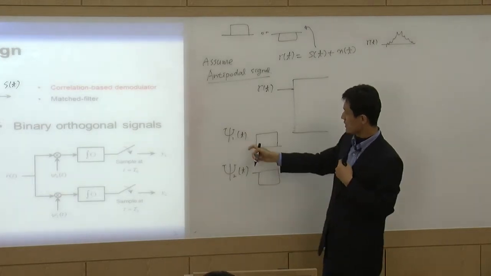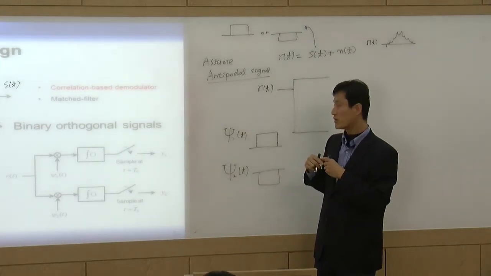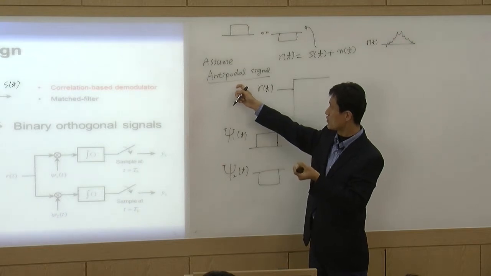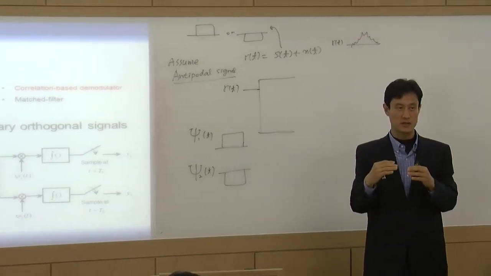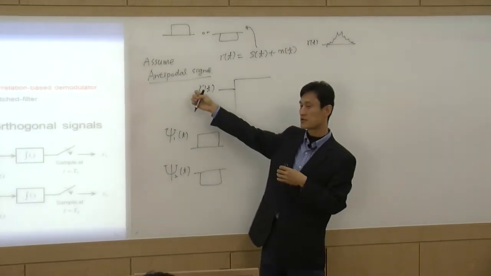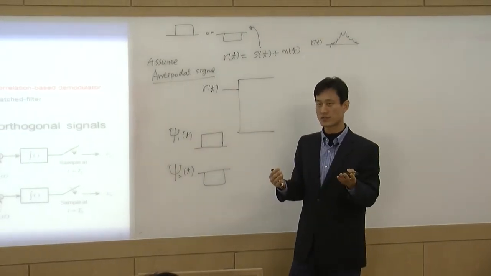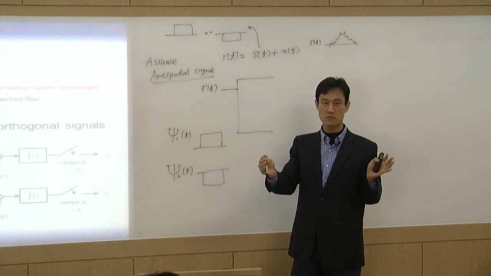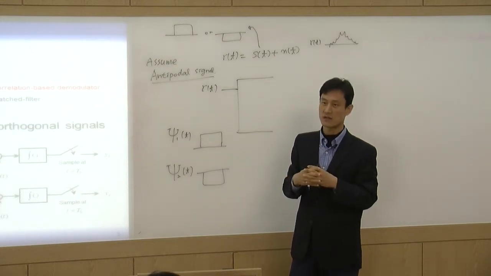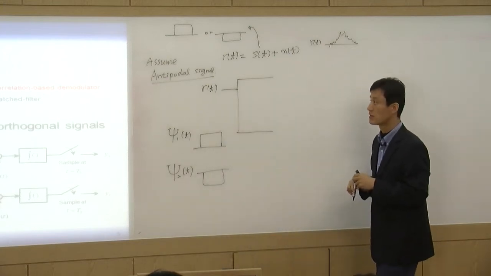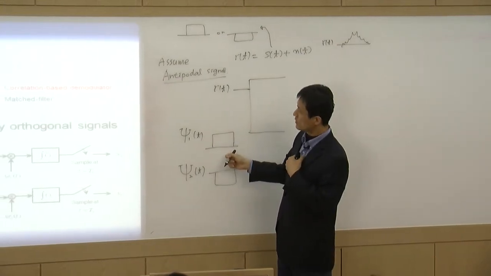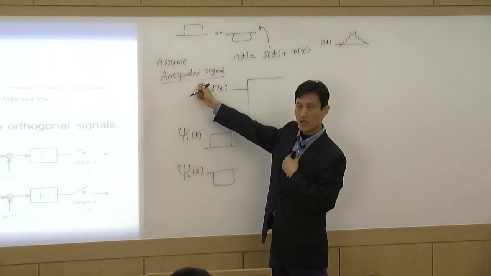And inside the receiver, we already know that the transmitter uses the antipodal signal. Because the transmitter and receiver both agreed: let's use the antipodal signal, or let's use orthogonal signal. They agreed to use the same modulation. So the receiver already knows that we need to use antipodal signal.